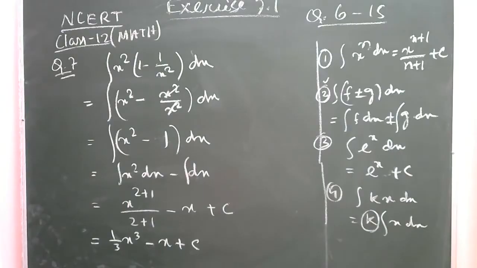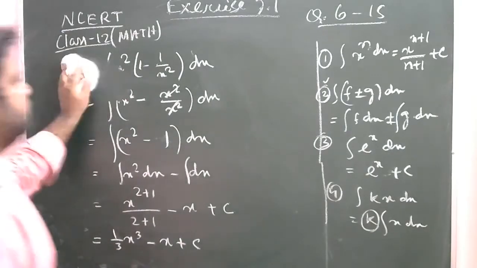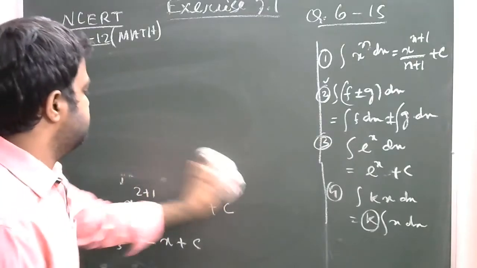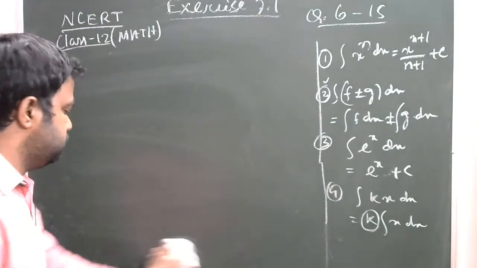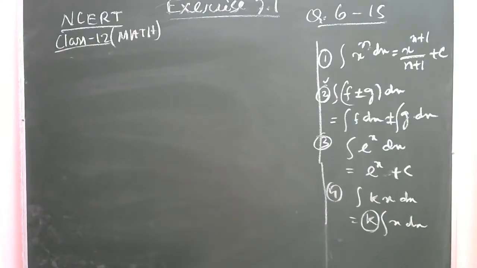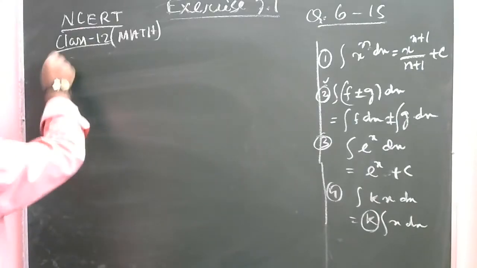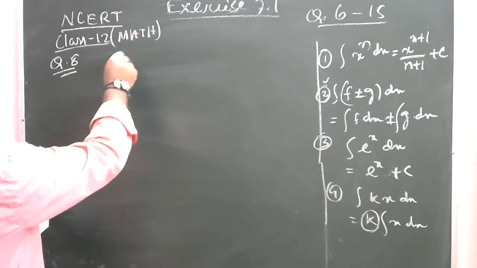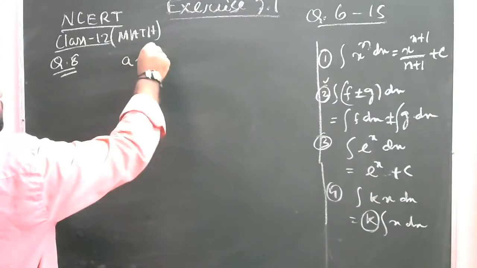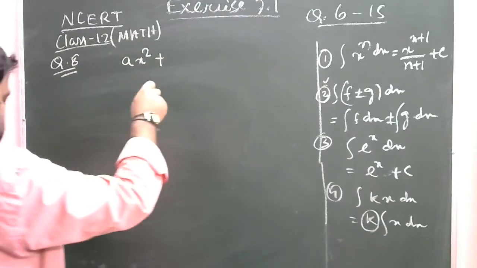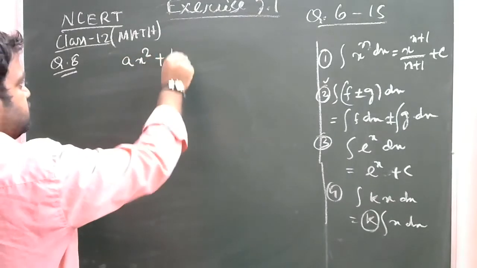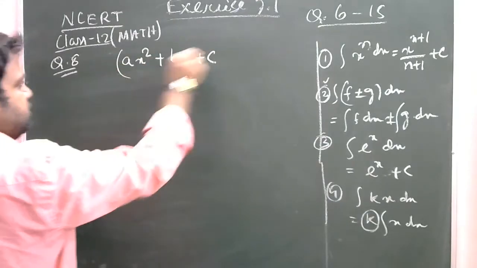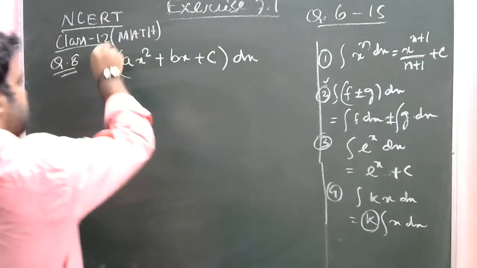Now we'll go for question number 8. Clear? Question number 8 says, very easy, integration of ax square plus bx plus c dx.